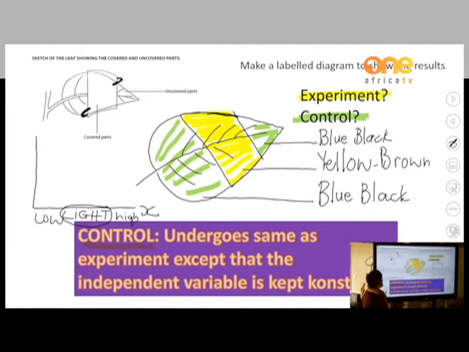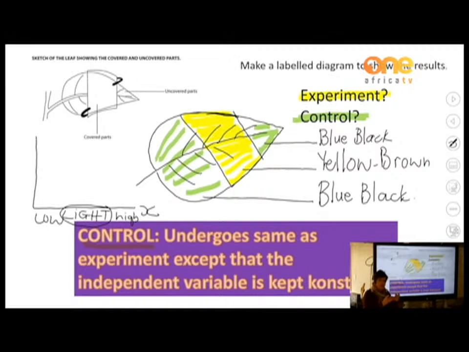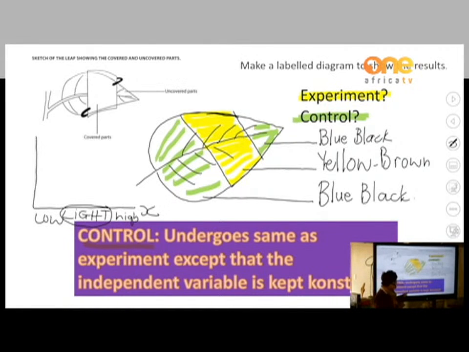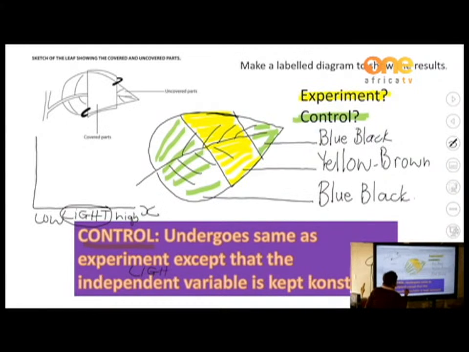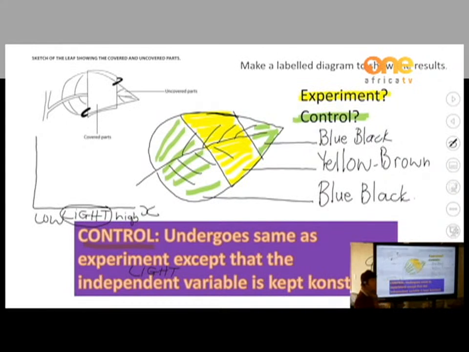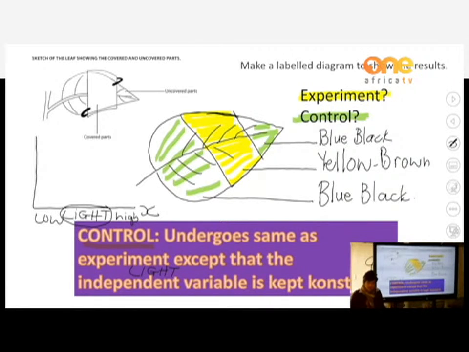So in our previous slide we said except the factor that is under investigation, or the independent variable. Light was in this case our independent variable because it was there or it was by my control taken away. And that is why we say it is the independent variable. I hope that you do understand that.